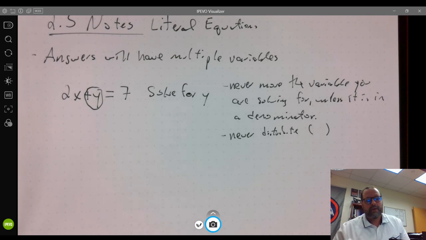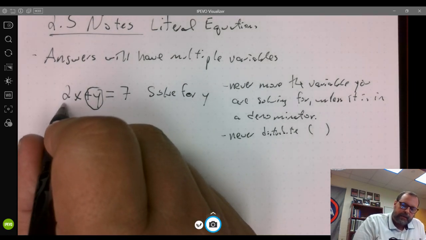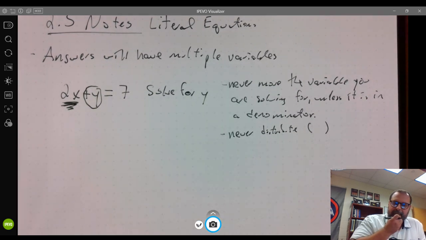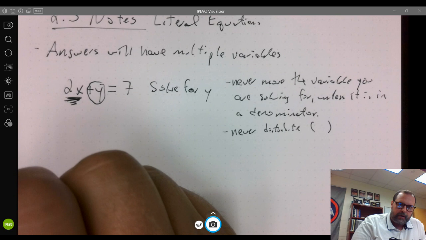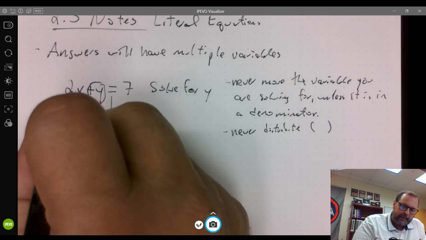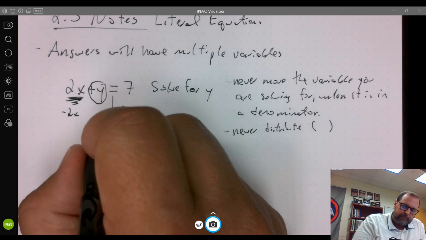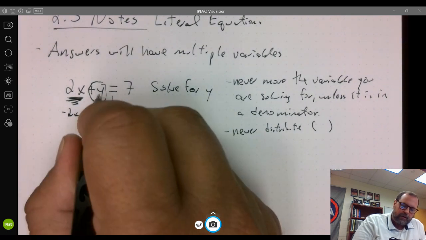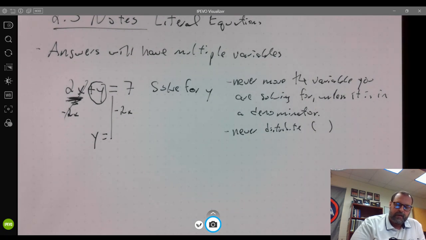So in order to get y by itself, I need to move this term, 2x. You don't always have to underline it. To move a 2x, I need to do the opposite of what it is. The opposite of a positive 2x is a minus 2x. So I subtract 2x from both sides. Now, on the left side, all I'm left with is y, because 2x minus 2x cancels.